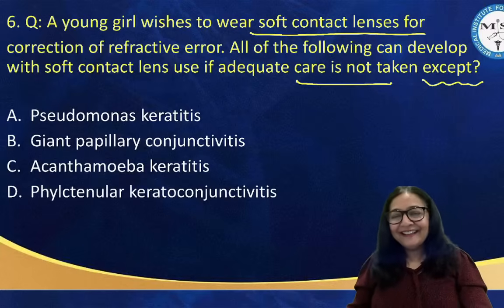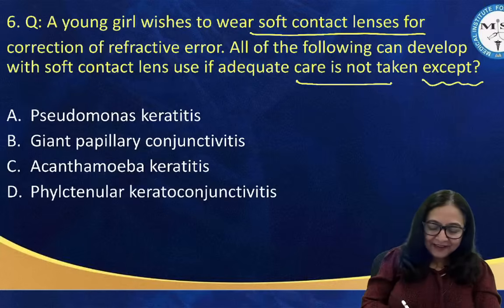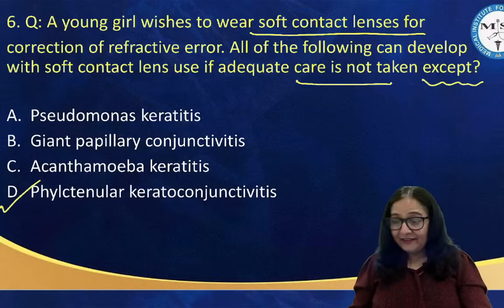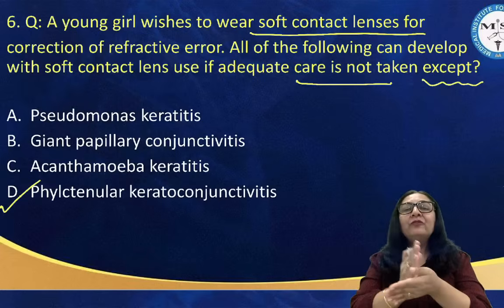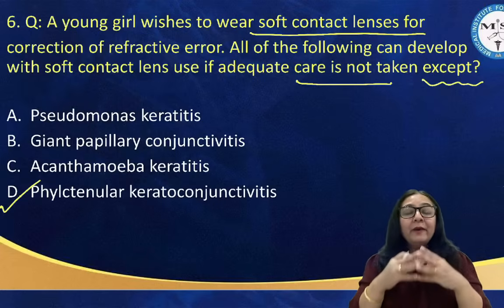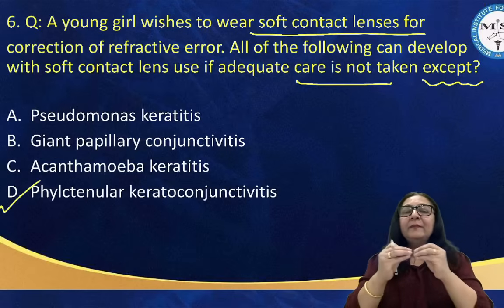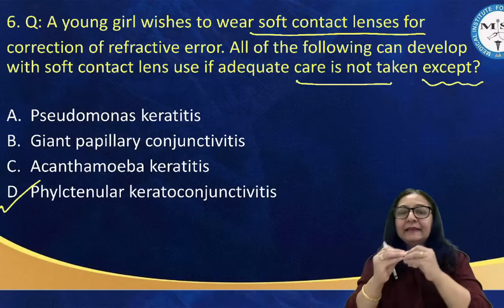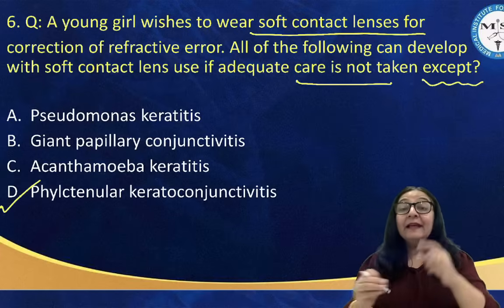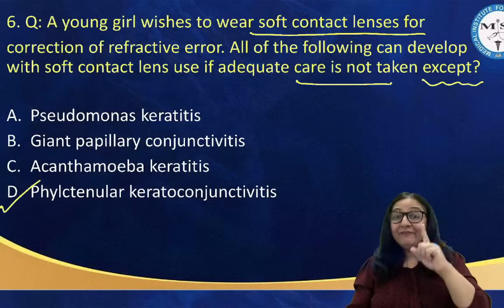Most of you are again right. The answer is phlyctenular keratoconjunctivitis. If proper hygiene is not taken, proper cleaning of the lenses is not done, if people use tap water to clean the lens or they share the contact lenses, then infection can occur.